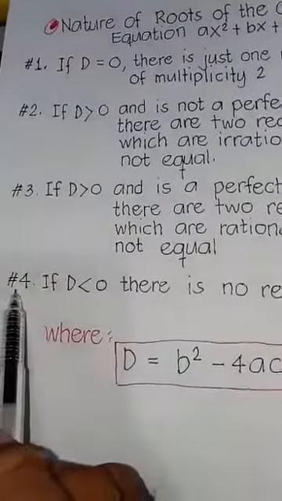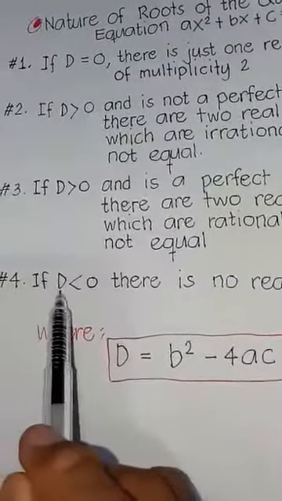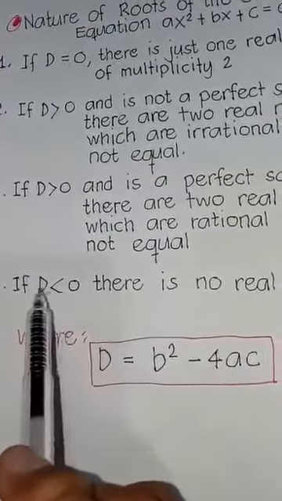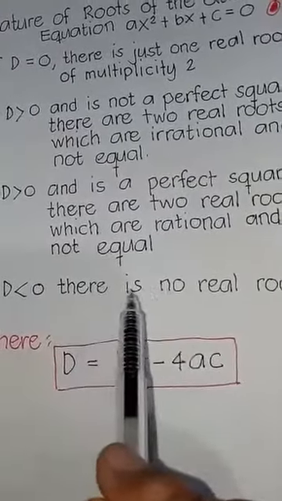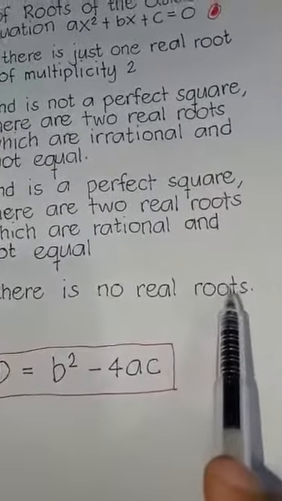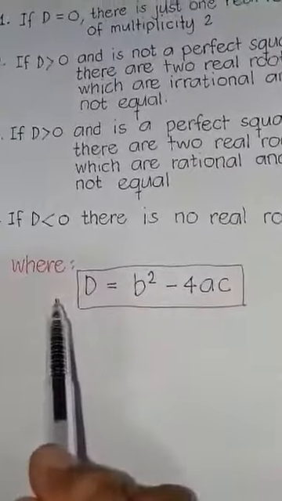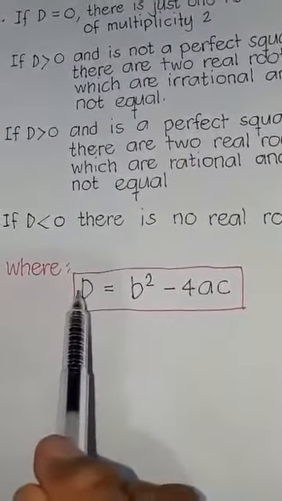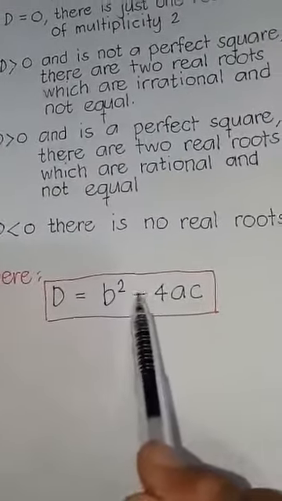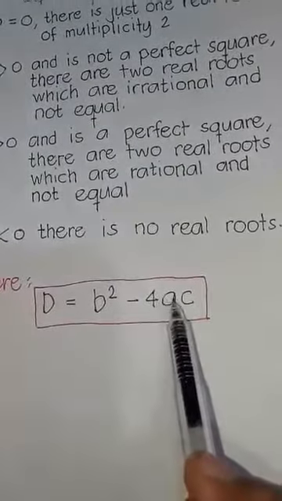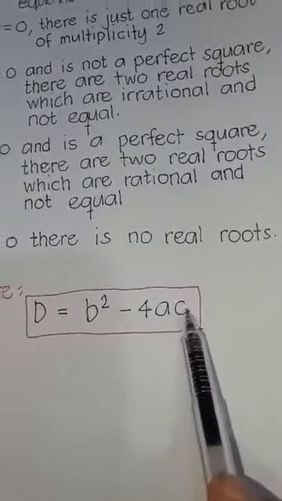Definite rule number 4: if discriminant d of a quadratic equation is less than 0, there is no real root. Where we have discussed that discriminant d equals b squared minus 4 multiplied by a multiplied by c.